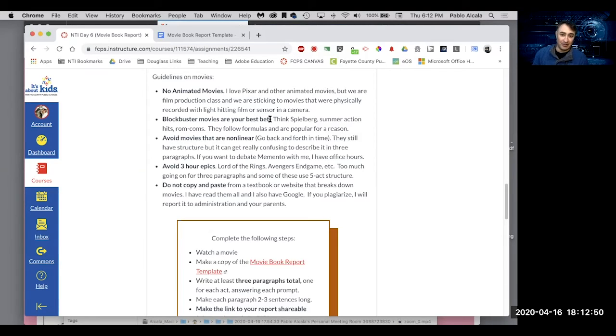Summer movies are the best. They're the easiest that fit into this 3-act structure. Spielberg is awesome at this. So an action movie almost always falls into this. They're the easiest to diagram like this.